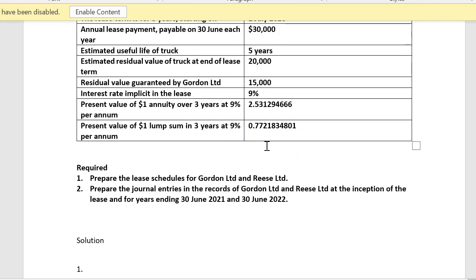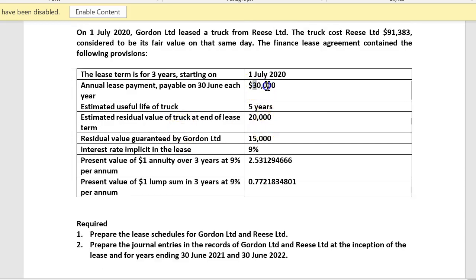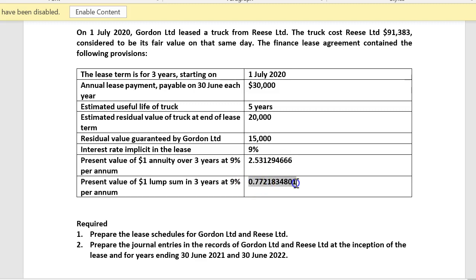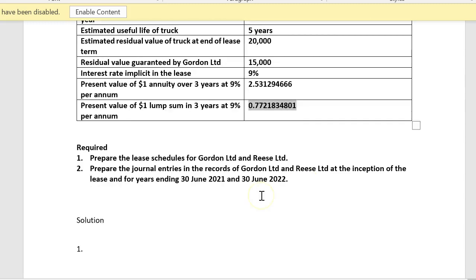Okay, so first we need to calculate the present value of lease payments. Now, guys, lease payments consist of lease repayments, which is $30,000 a year over 3 years, which means we use the present value of an annuity, just like we did for convertible notes before. And then the lessee will also have to work out the present value of the residual value at the end of 3 years, which represents a lump sum. So we use this present value factor.